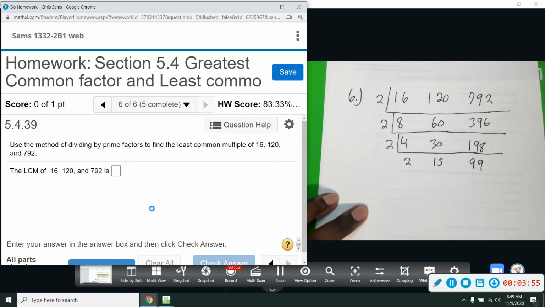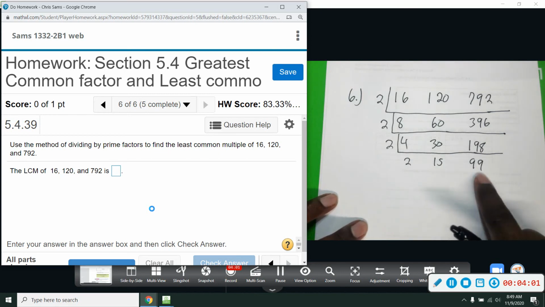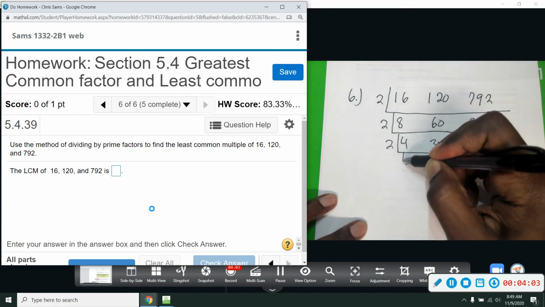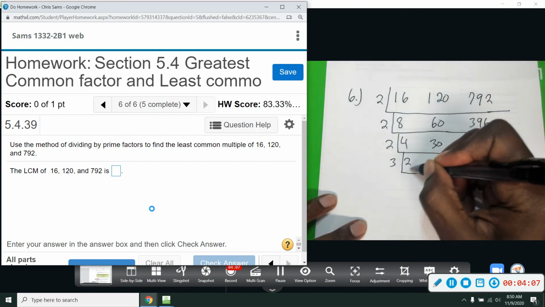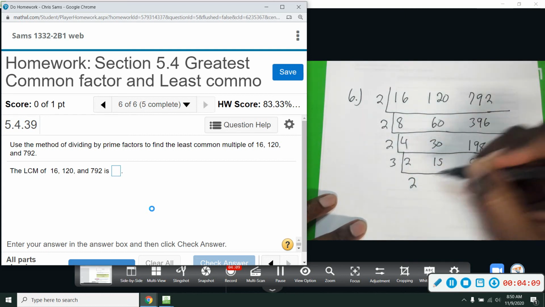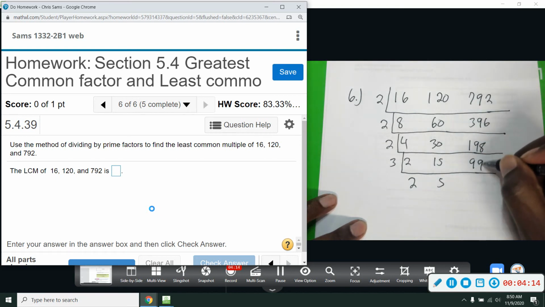Here's the one where this one is even, but these 2 are not. These 2 numbers are divisible by 3. So from this step, we're going to divide by 3. This one cannot be divided by 3, so we just bring it straight down. Divide by 3, we get 5. Divide by 3, we get 33.